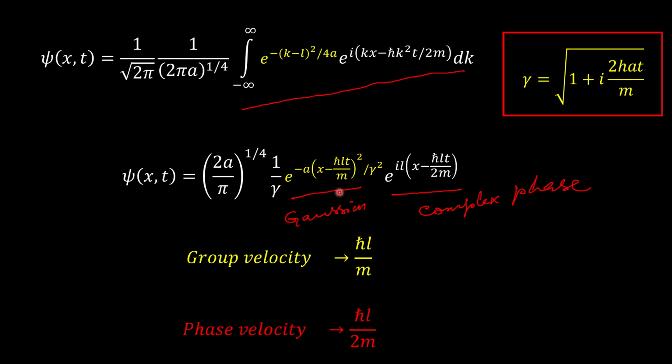This is the group velocity, and it is modulated by the phase velocity complex factor. Here you can see this is h L over 2m. So we have proved naturally that the phase velocity is half of the group velocity. We have seen this in our theoretical lecture on quantum mechanics.